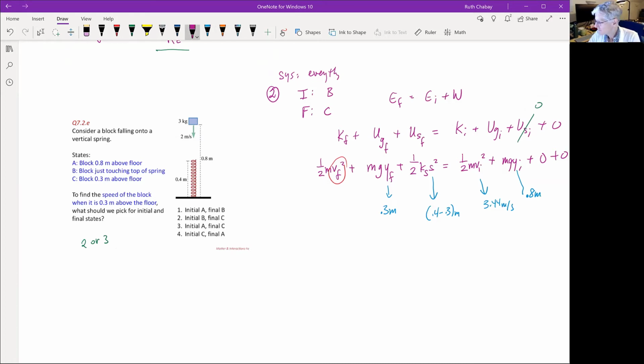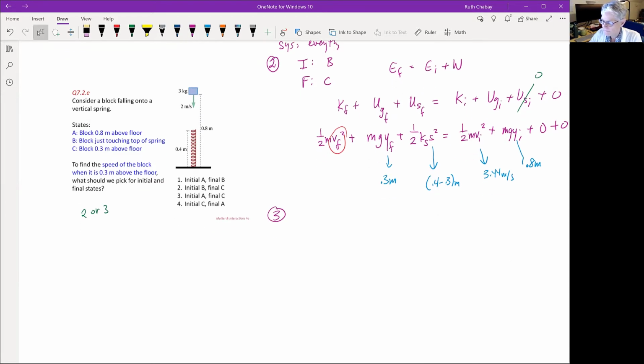If we pick 3, we have exactly the same terms, they just have different values. So we have a half m v final squared plus m g y final plus a half k sub s squared equals a half m v initial squared plus m g y initial plus, again, the spring energy is 0 because it's not compressed.